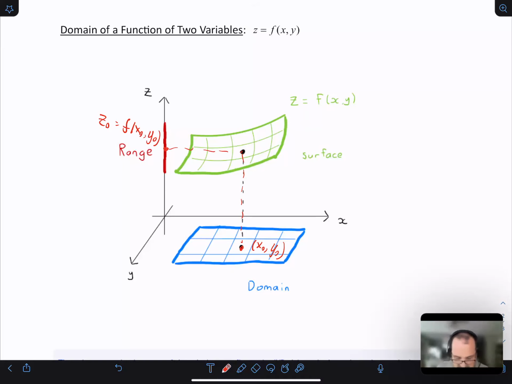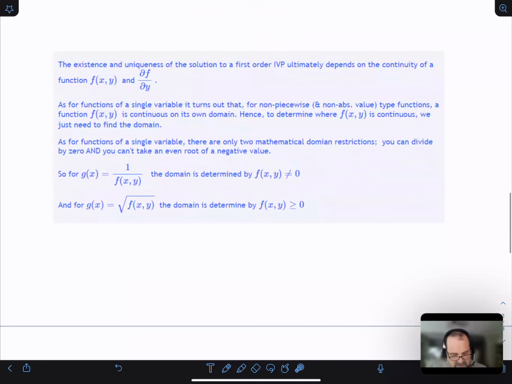So we can kind of picture this as a sort of three-dimensional input-output for a function. So this is the situation we are dealing with, and we will need to display and think about the domain in terms of a region in the xy plane. So here's some little discussion of that.